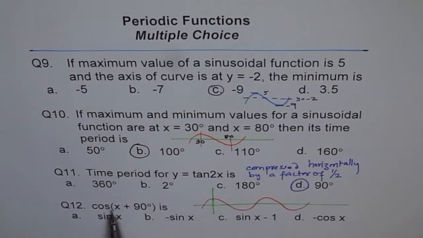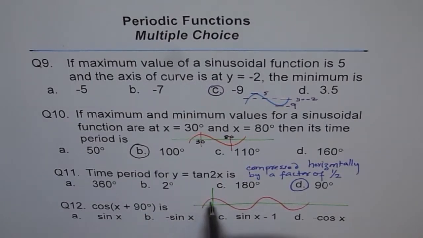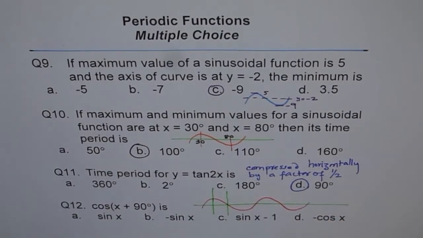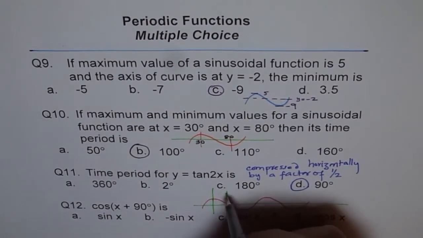Now when I say cos(x plus 90), that means the cos wave actually started before, right? Instead of starting from here, it started here. So this point moves 90 units to the left. So the axis comes here. Think like this, if that helps you. So cos(x plus 90) is this wave.